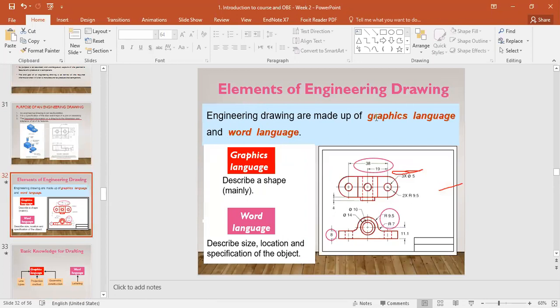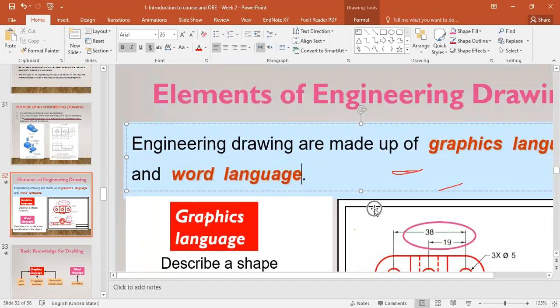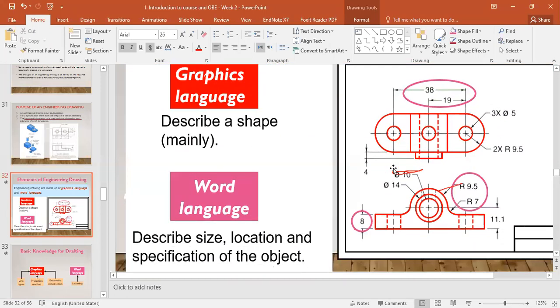Elements of engineering drawing: the graphic language and the word language. There are two elements of engineering drawing. The graphic language describes the shape, given in red lines, and the word language describes the size, location, and dimensions.